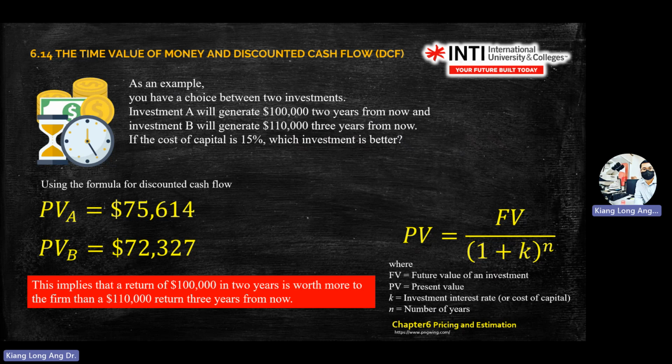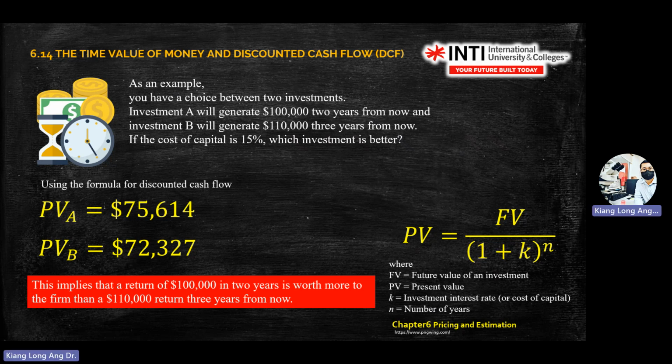But this one is a rough number lah. So it's rounded numbers. You invest 75, you get 10,000 in 2 years.